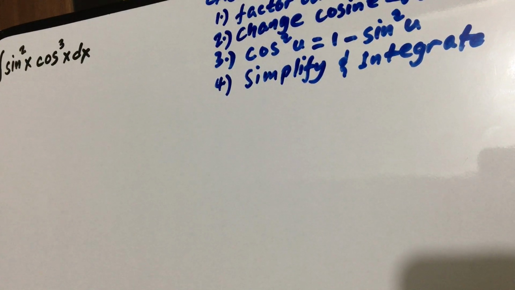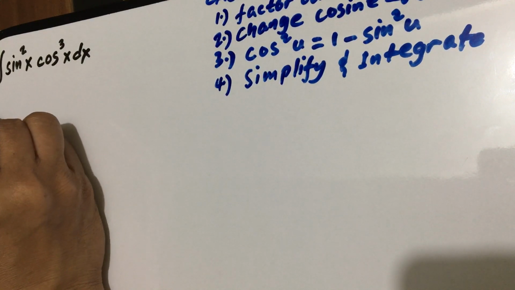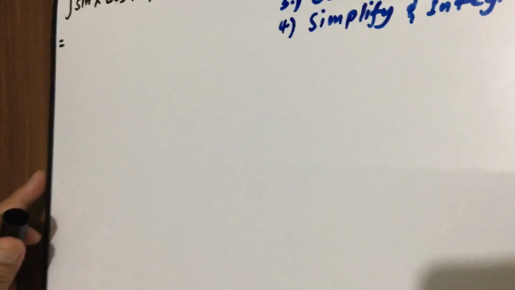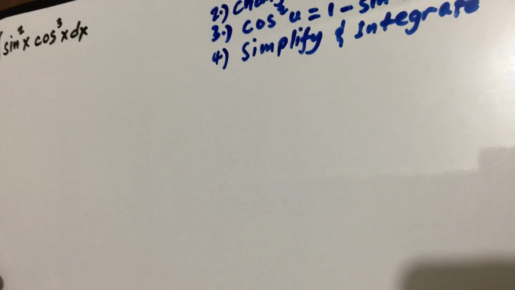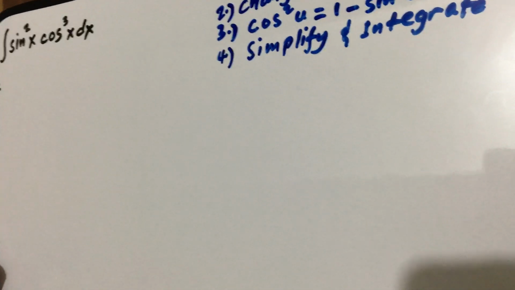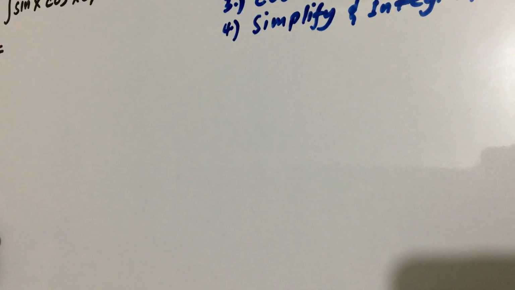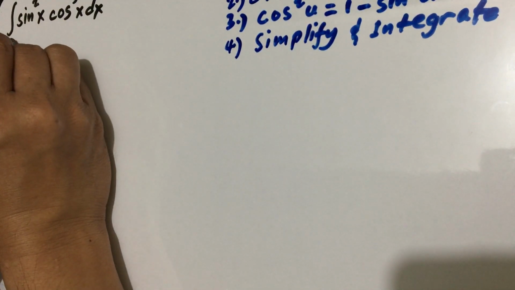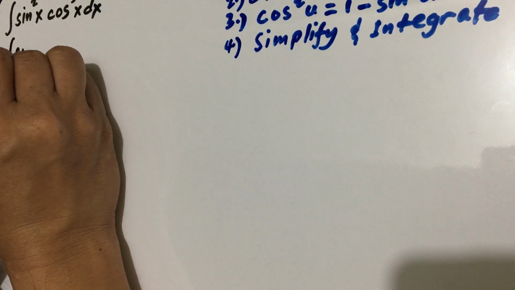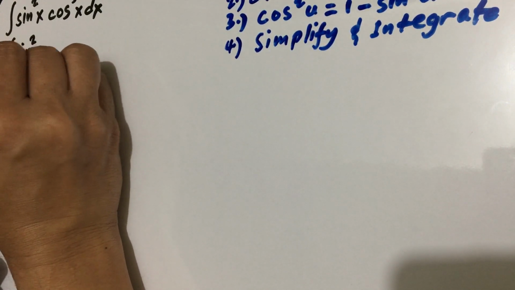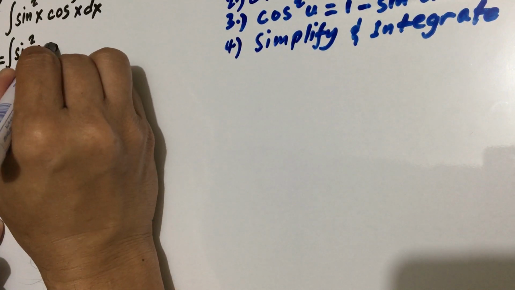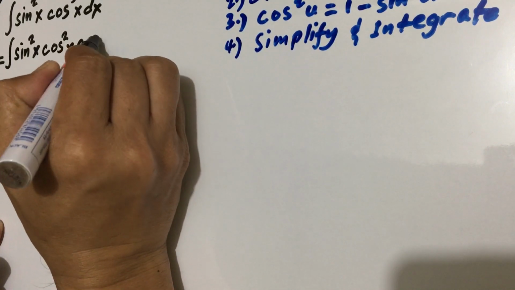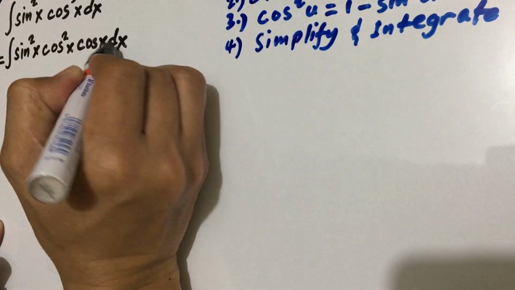Okay, so we can rewrite this as the integral of sine squared x, and we have cosine squared x times cosine x dx.